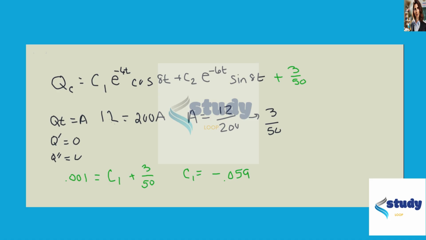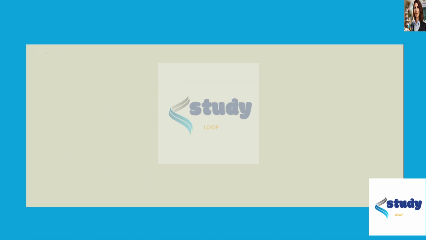Now I take the derivative of my function, Q prime of t, and I'm going to do the product rule.